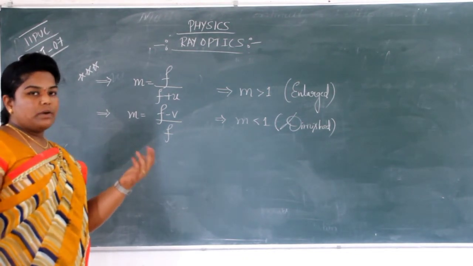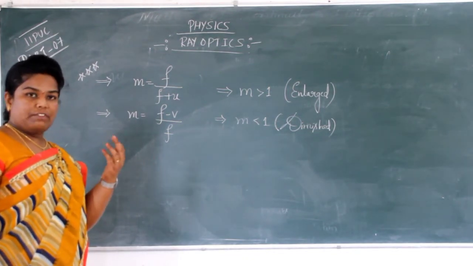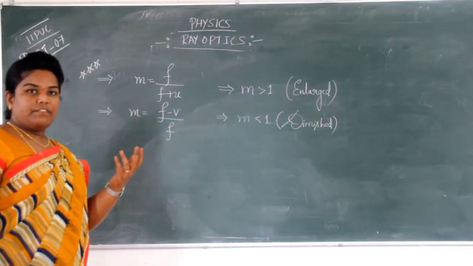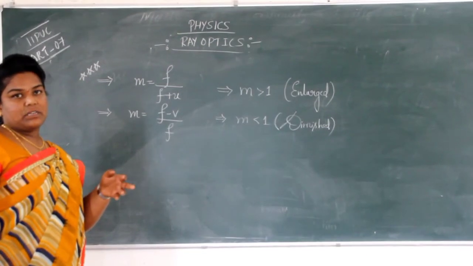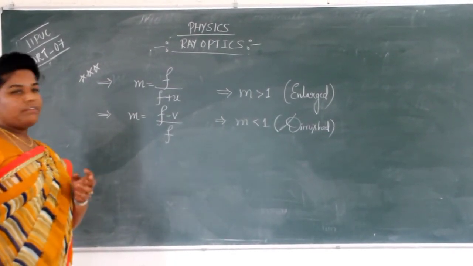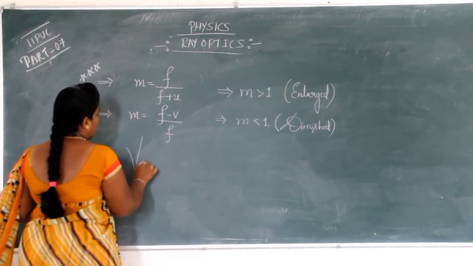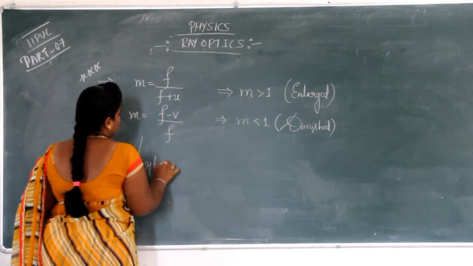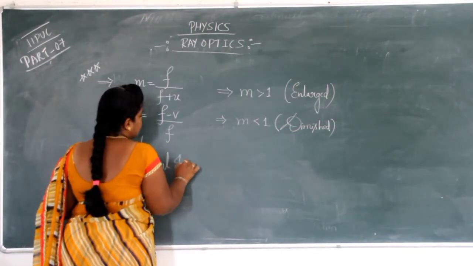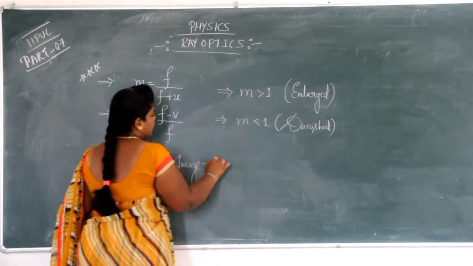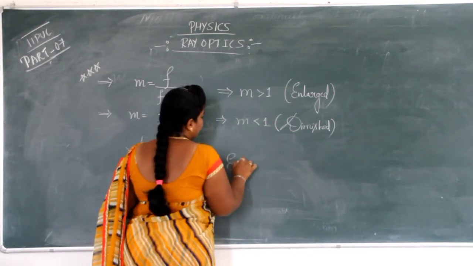See, a virtual image always forms an erect image, while a real image always forms an inverted image. Dear students, while I am just writing virtual image, a virtual image indicates that it is forming an erect image.